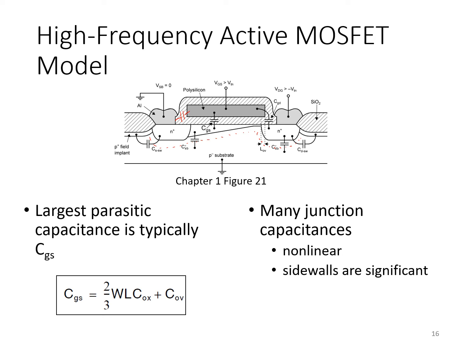So these are all the capacitances associated with those reverse bias junctions. Another point to make here, which impacts the parasitic capacitances of a MOSFET differently depending on how the transistor is oriented and physically laid out.